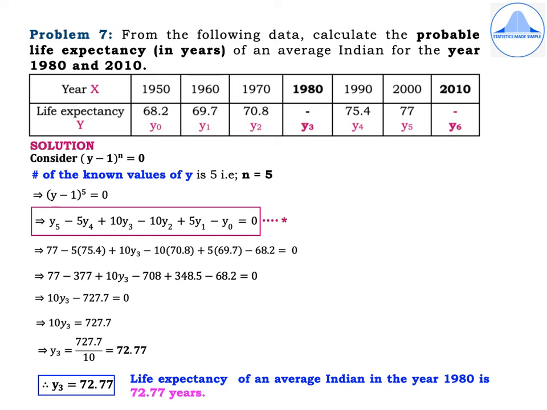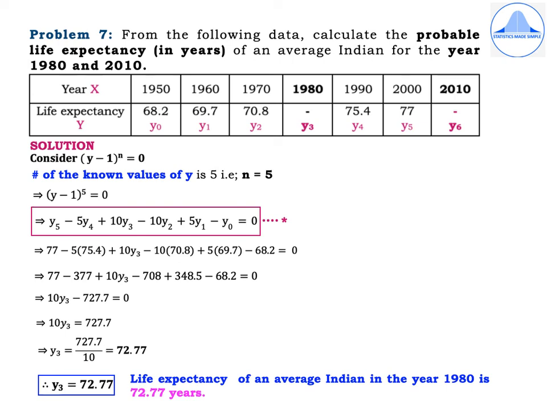Life expectancy: 68.2, 69.7, 70.8, then the missing life expectancy, 75.4, 77, and another missing life expectancy. The first step is to mark the year as X, life expectancy in years as Y, and the values Y0, Y1, Y2, Y3, Y4, Y5, and Y6 are marked.